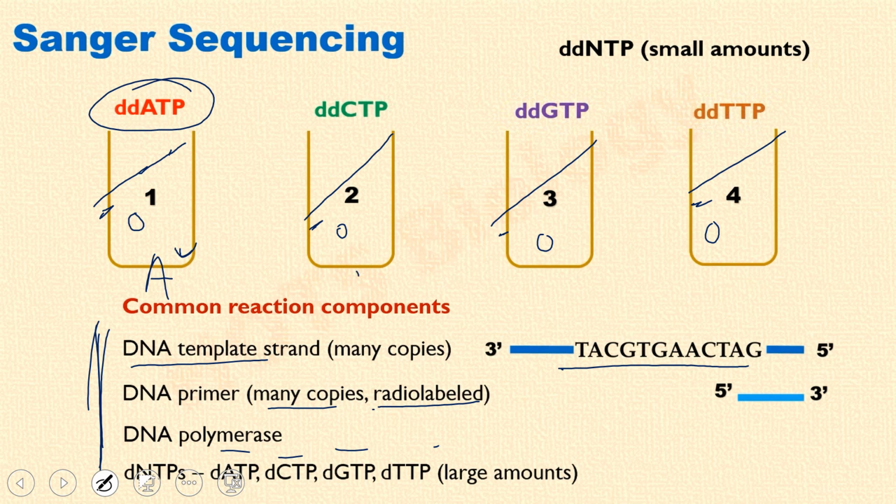Similarly, this tube was designated for cytosine, so along with these 4 components it contains ddCTP, but no ddATP, no ddGTP, no ddTTP. Similarly, this tube is designated for guanine, so it contains these 4 components plus ddGTP. And this is designated for T, so it contains these 4 components plus ddTTP.